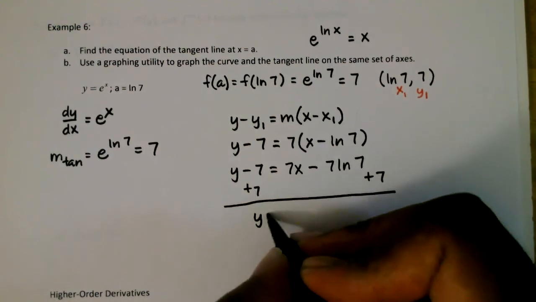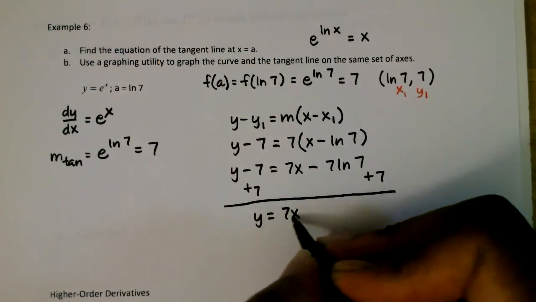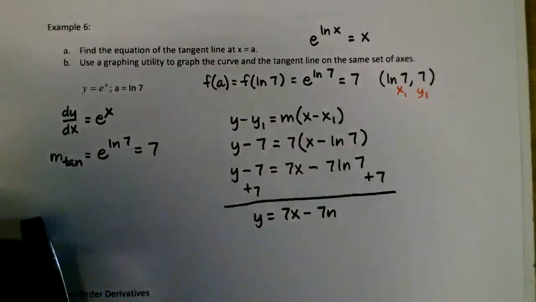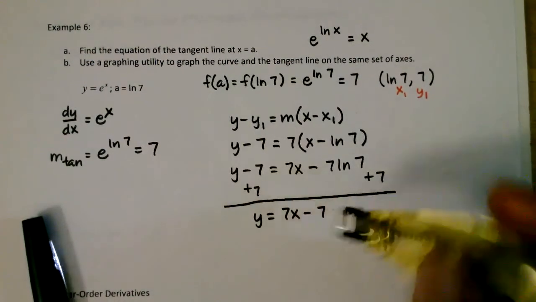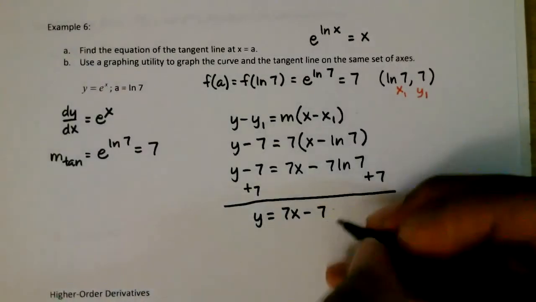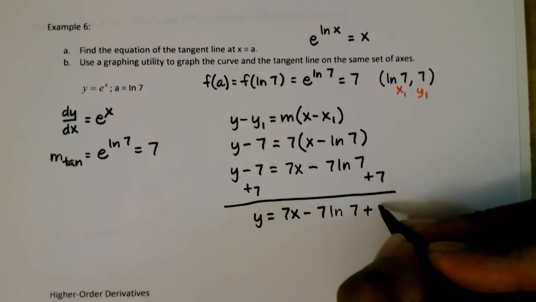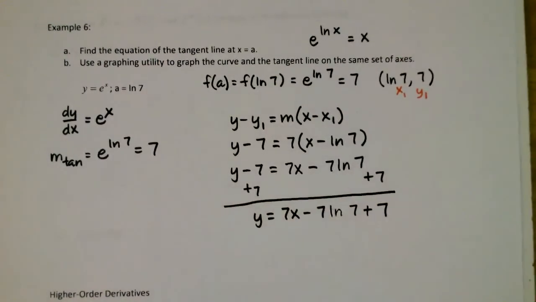So the equation will be y is equal to 7x minus 7 ln of 7 plus 7. And we're not going to be able to simplify that any further than that. So that would be the equation of the tangent line.